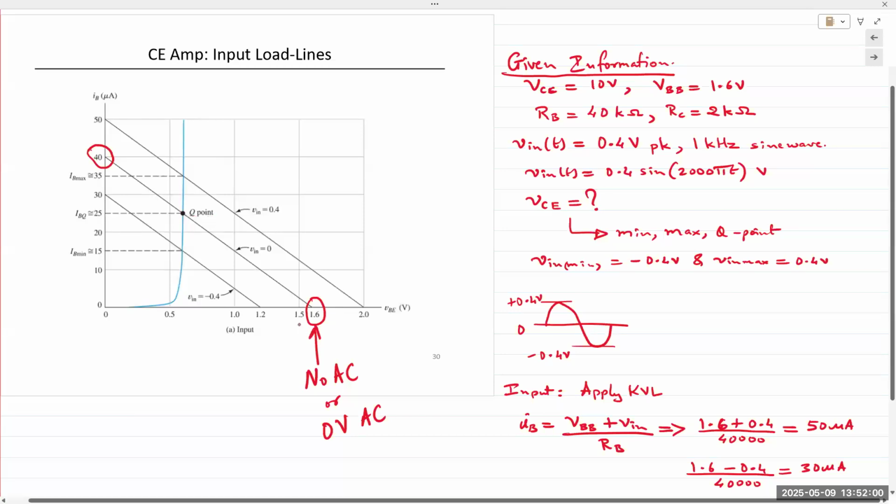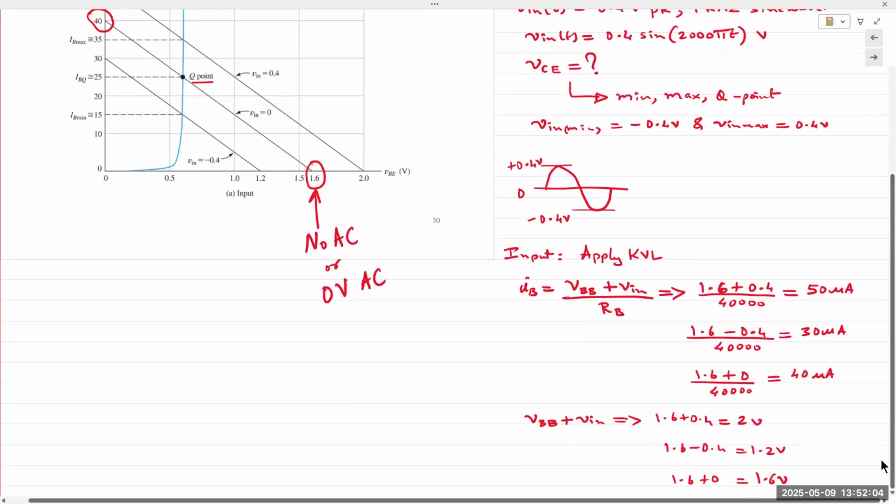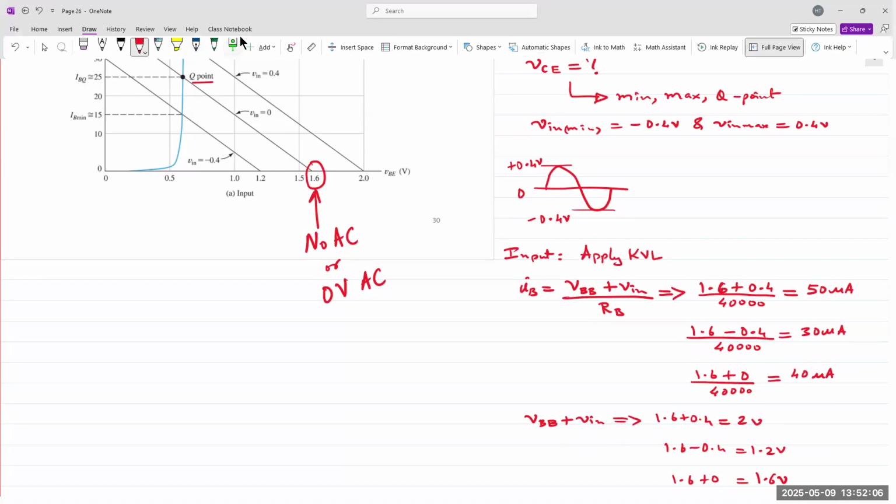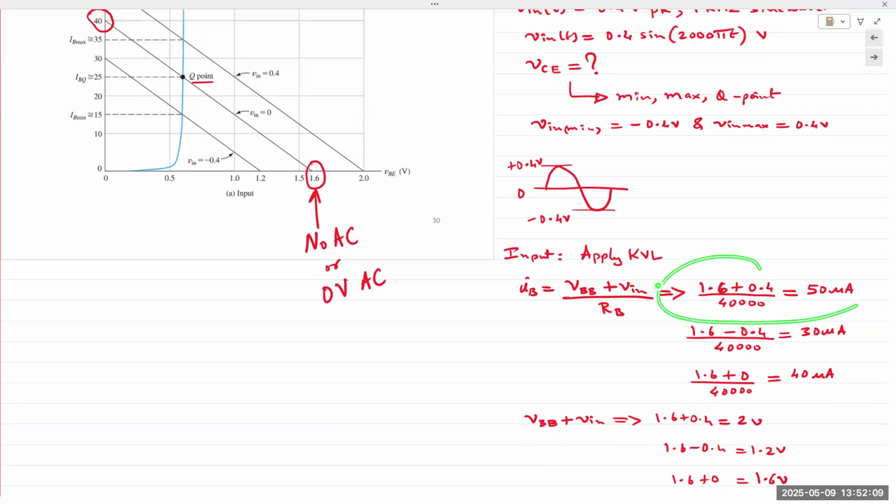Now, when you apply an AC signal on top of the DC, what do we get? This is the positive half cycle. So when you apply the AC signal, we obtain an IB value of 50 microamps and a VBB value of 2 volts.